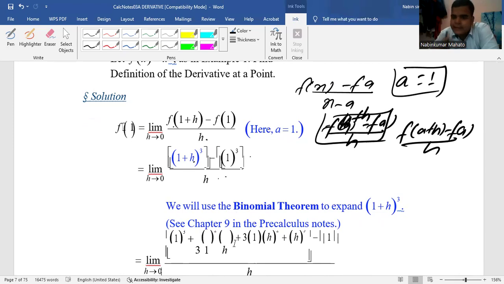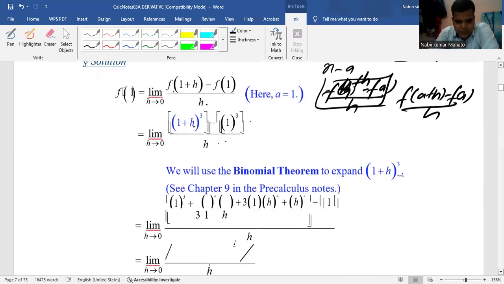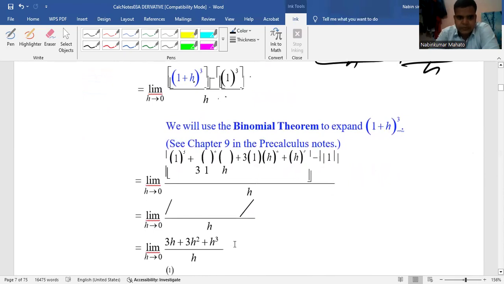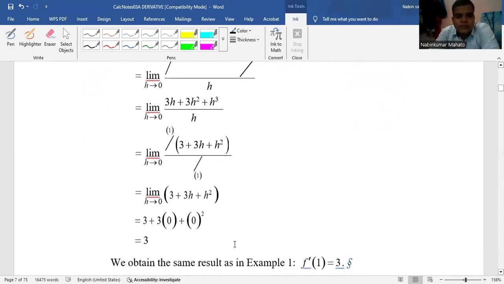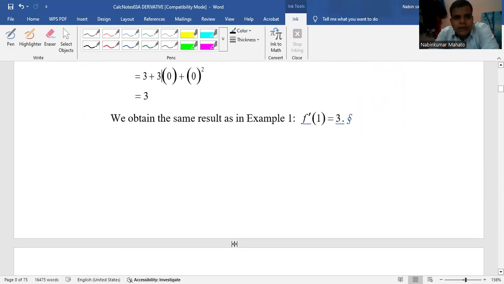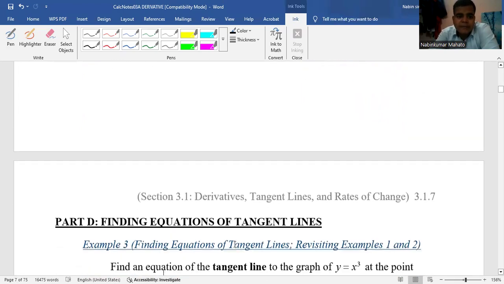This is the simple formula. After that we get (3h plus 3h square plus h cube) upon h. Hence, when we calculate, we get the answer: f prime of 1 is 3.